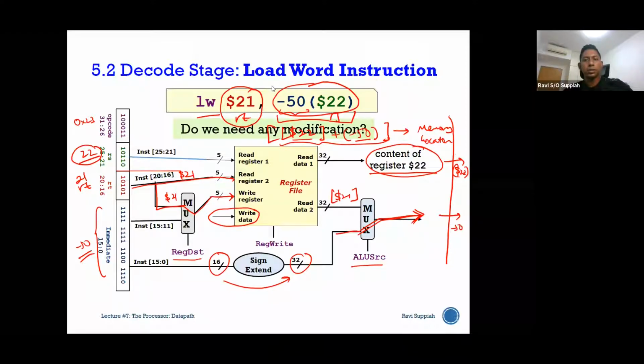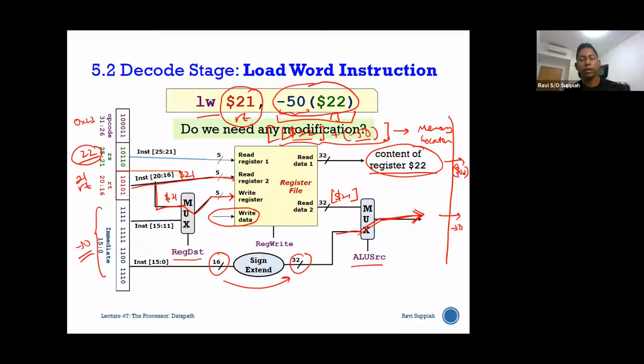The register file is a single register file for the entire processor. You have to remember that we are executing one instruction at a time. When I fetch one instruction and load it into the processor, all these sequences will happen until the instruction is complete. Then the next instruction comes in.